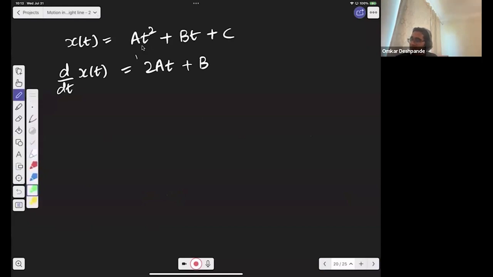So that means this part must be v0 and this part must be a times t. Makes sense? So I can come up with an expression for x(t) which will give me exactly v0 plus at, if I choose the coefficient of t to be v0 and the coefficient of t squared to be what?